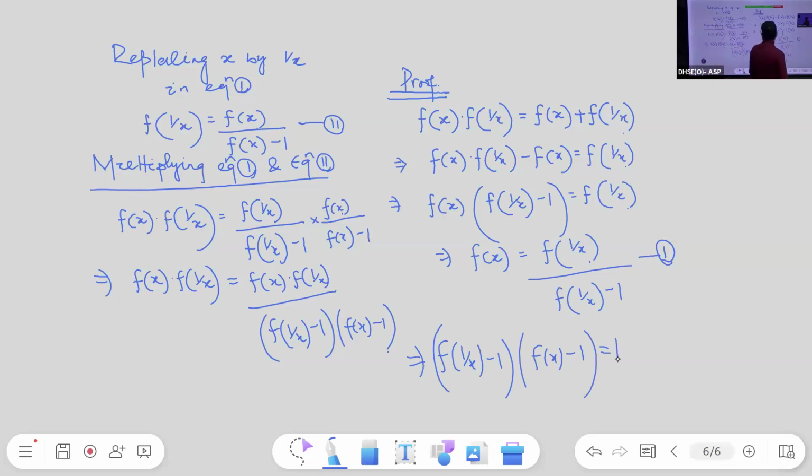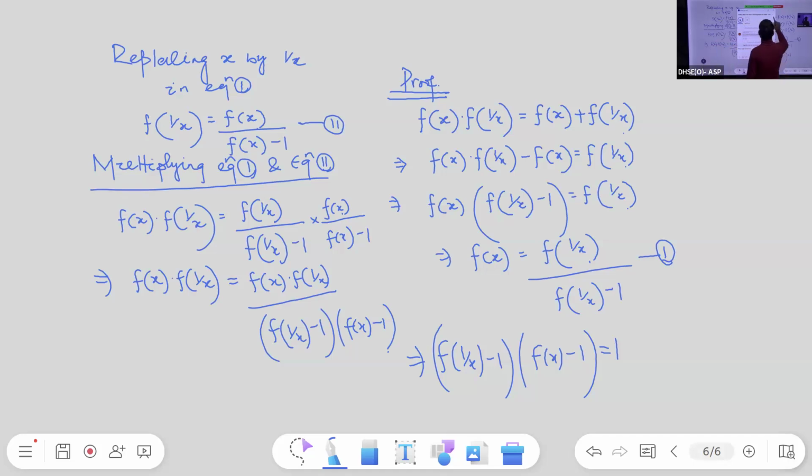So guys, quickly note it down. It is which class maths? 11 class?